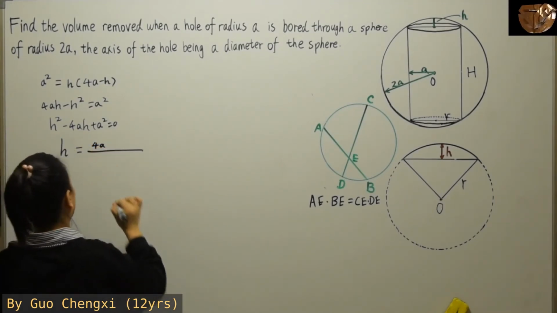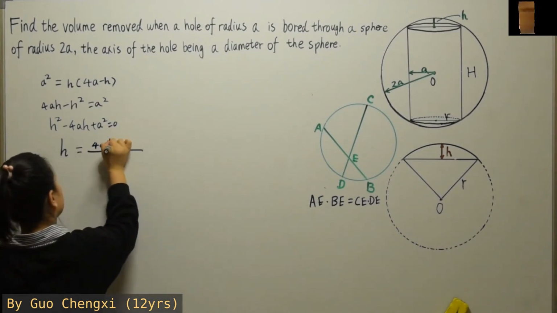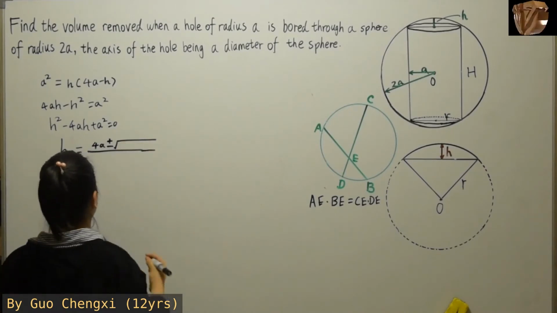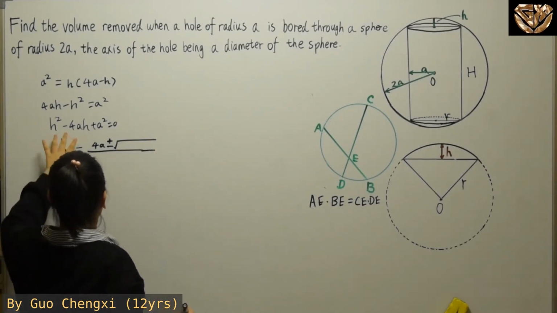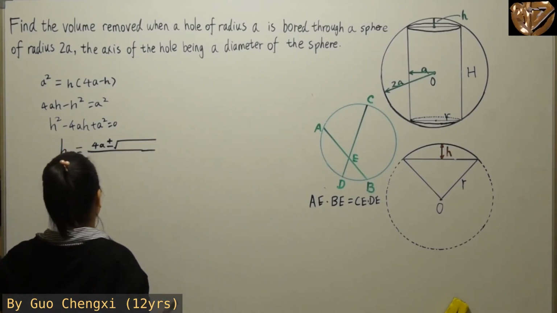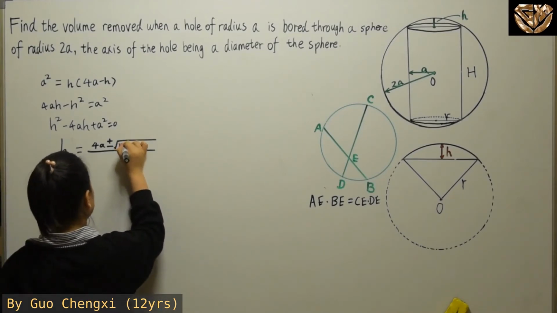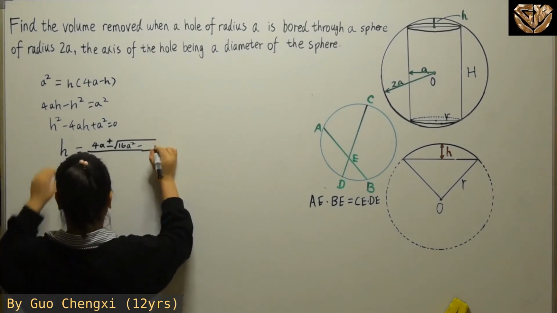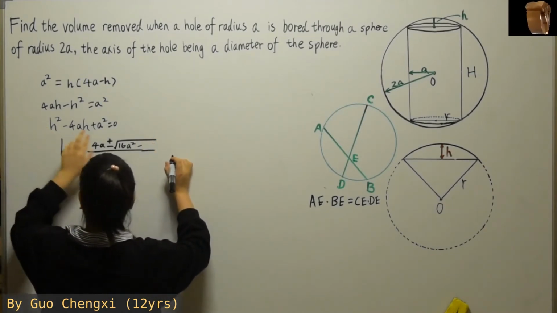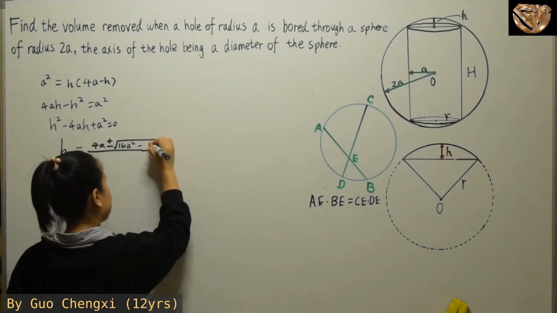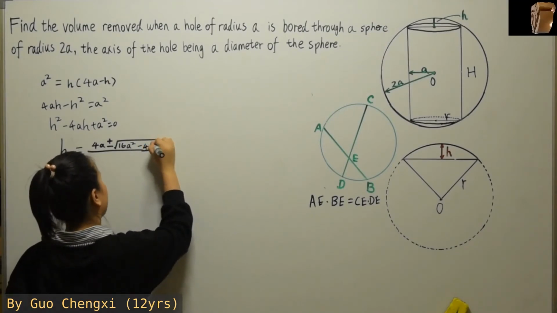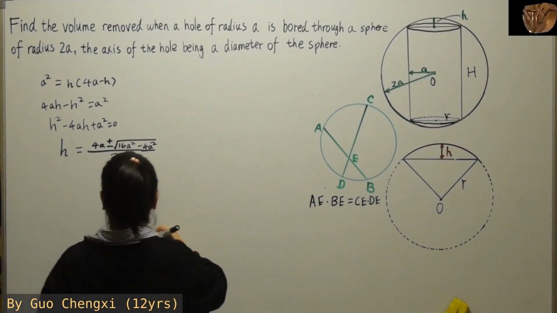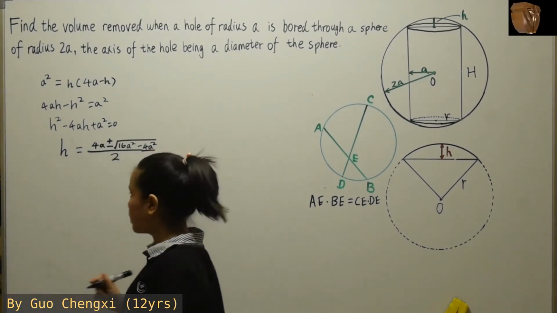So here you have 4a, then you plus minus the square root of b squared minus 4ac, whereas the b here squared, once it squares, the negative will get cancelled and it will become 16a squared. Then here you minus 4ac, whereas the a is 1, and the c over here will be a squared, so 4a squared, over 2, okay?